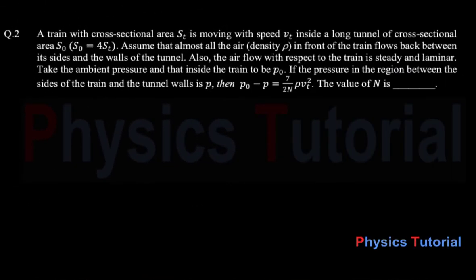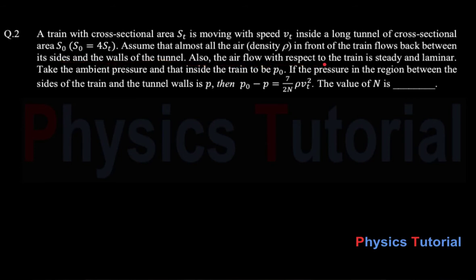Question number 2. A train with cross section area ST is moving with speed Vt inside a long tunnel of cross section area S0. Assume that almost all the air of density rho in front of the train flows back between its sides and the wall of the tunnel.